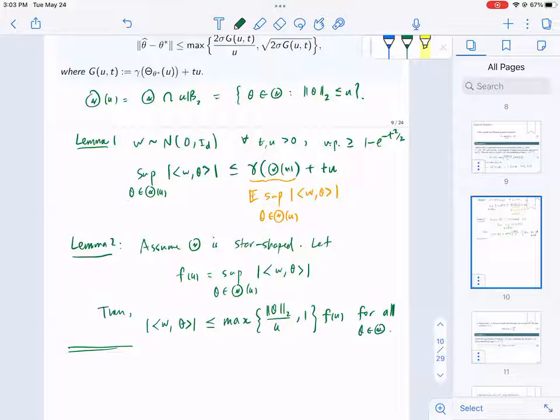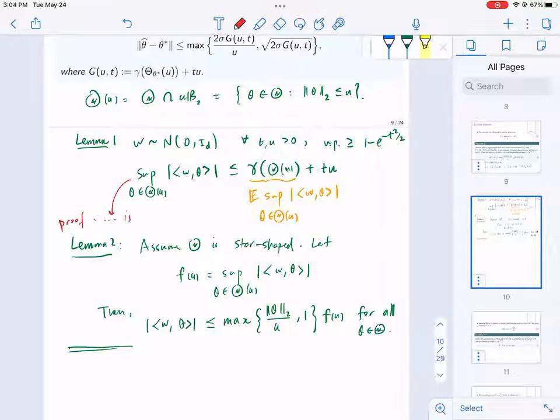A linear combination of it is actually Gaussian. But this function as a whole is a complicated function of W because there's a supremum involved. What do you know about concentration of Lipschitz functions? So the strategy is to show that this is a u-Lipschitz function, and it is indeed. You can do the proof as an exercise.